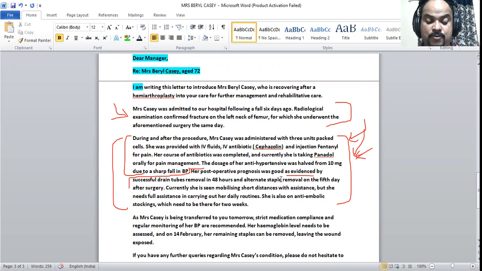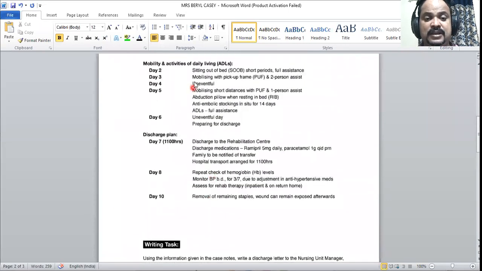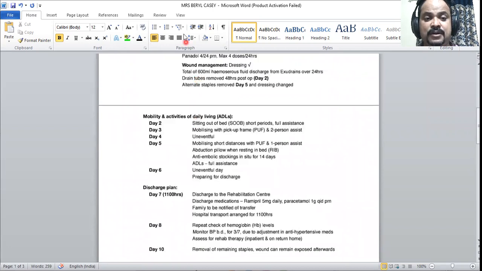Alternate staples removal. Staples removal, plural. On the 5th day after the surgery. So let's see in detail what exactly that thing is. So this is what they are telling. So the drain tubes are removed in 48 hours. And now you can say on day 5, alternate staples removed. These are the things.